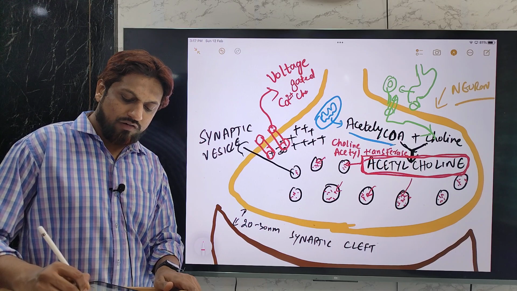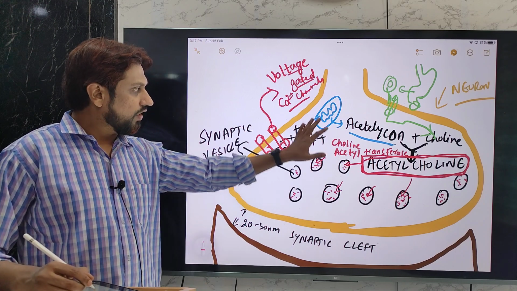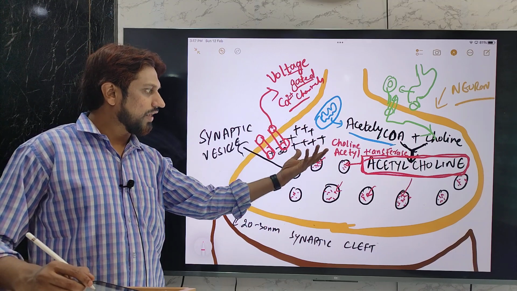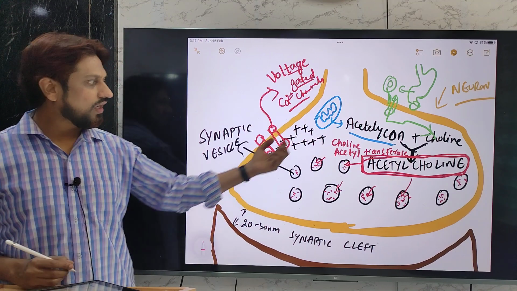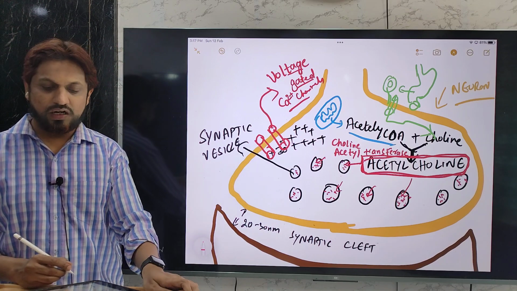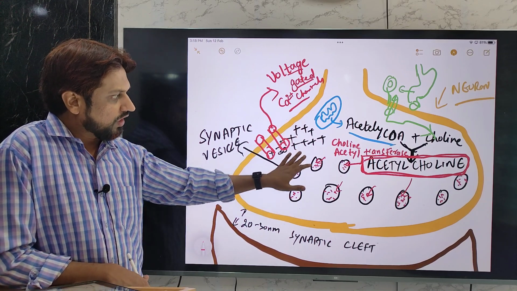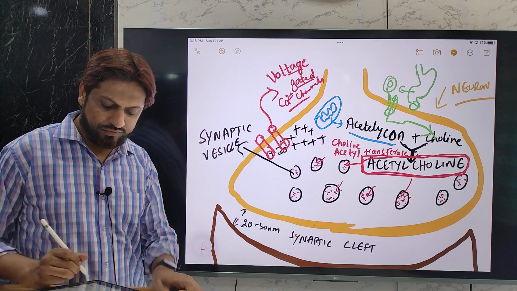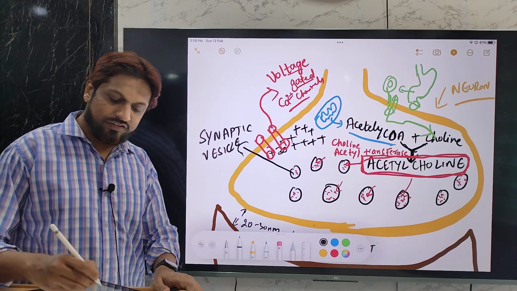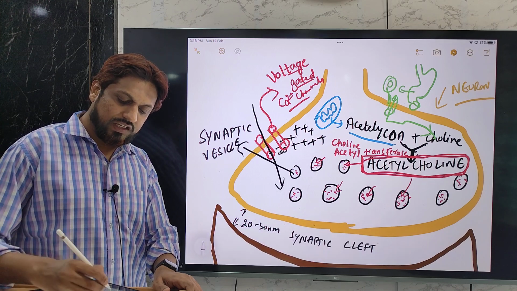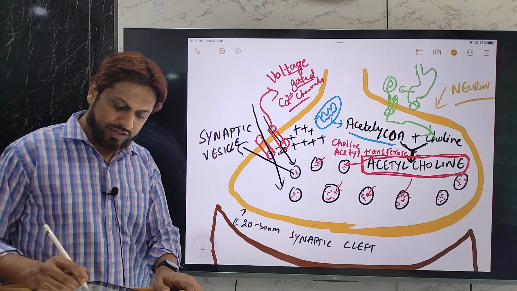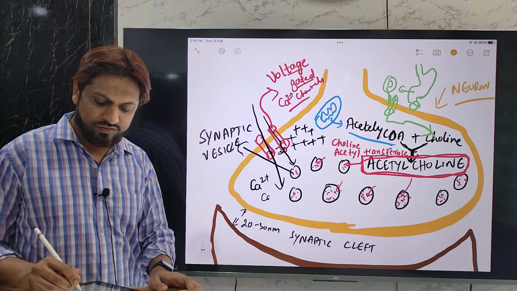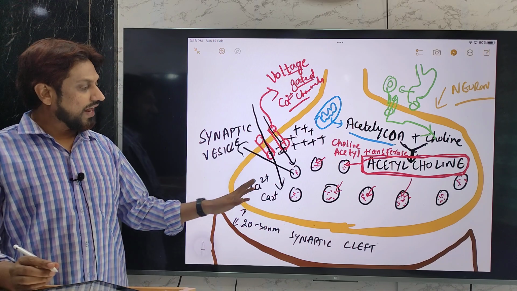Whenever the depolarization wave passes, that is the interior of the cell becomes positive and the cell becomes excited, the action potential signal is passed through the terminal knob or synaptic knob, the terminal end of the axon. Then the voltage gated calcium channels open, and through them calcium from the ECF, that is the extracellular fluid, enters the cell. Once calcium enters the cell, what will it do?